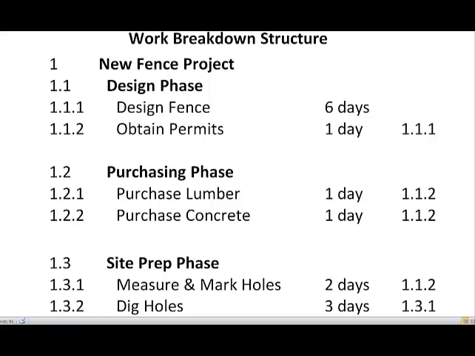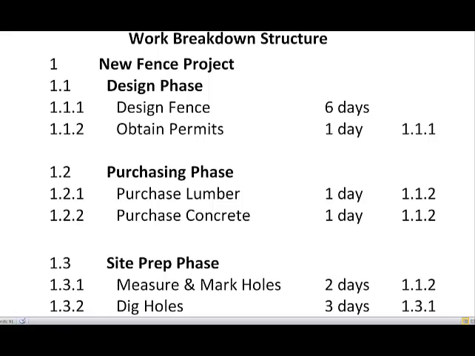Okay, so let's look at the detail in this work breakdown structure. Once again, we start with a design phase, and underneath the design phase are two tasks. 1.1.1, which is design the fence, and 1.1.2, which is obtain permits.